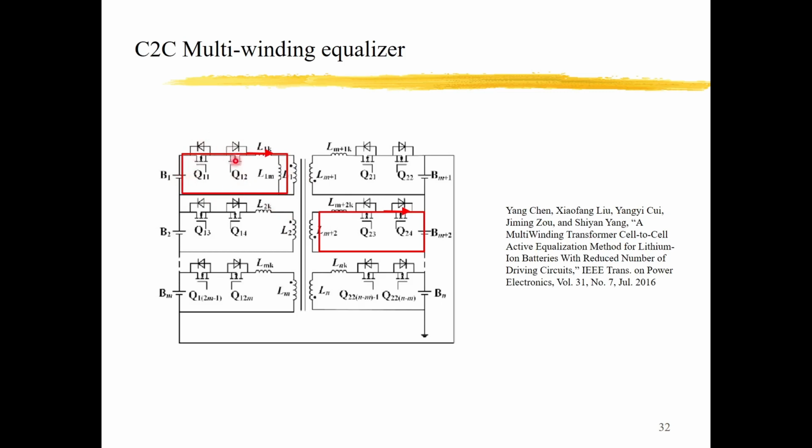Then we turn off these two switches and turn on these two switches, and the energy will be transferred to this cell. So this is a cell-to-cell equalization method. It can directly transfer the energy from the highest one to the lowest one. So this is a very effective topology.